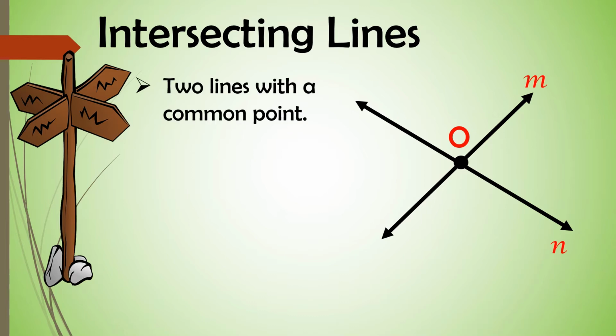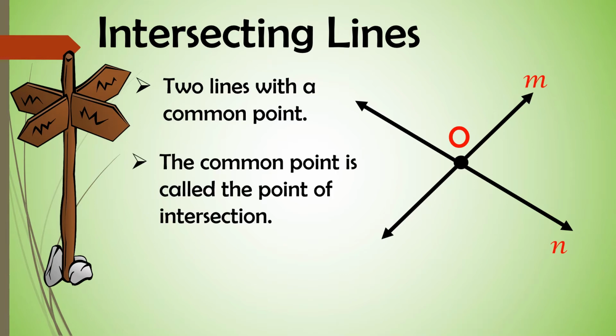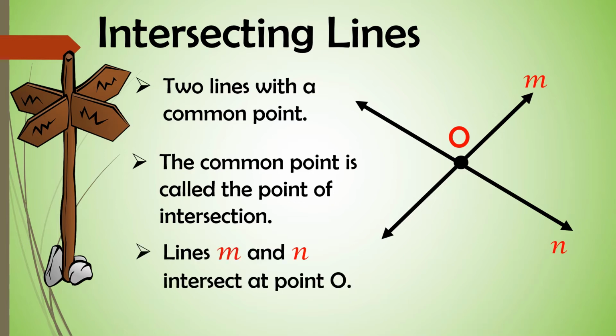Intersecting lines are two lines with a common point, or they intersect at exactly one point. The common point is called the point of intersection. So in our example, we can say that lines M and N intersect at point O.